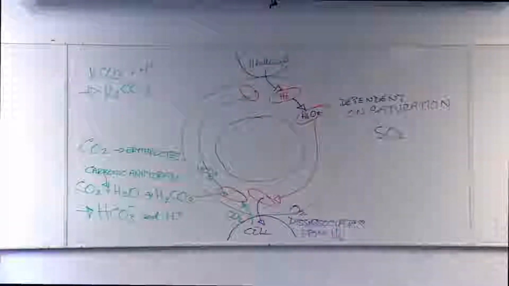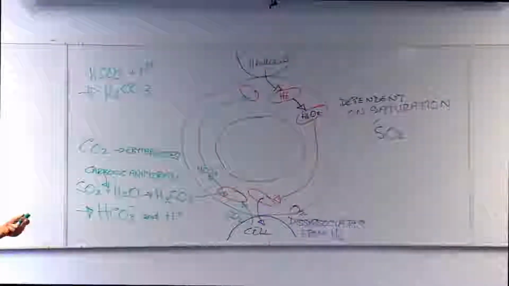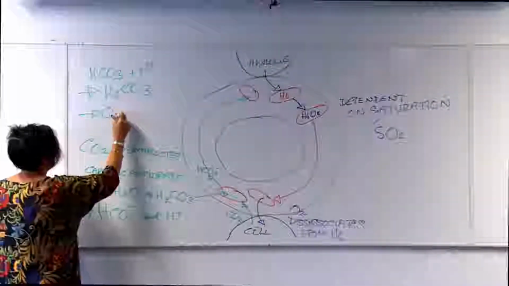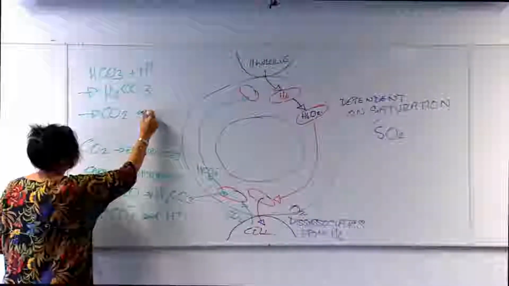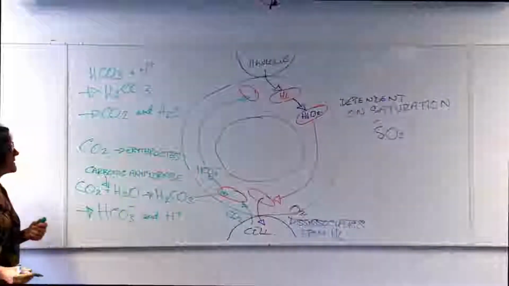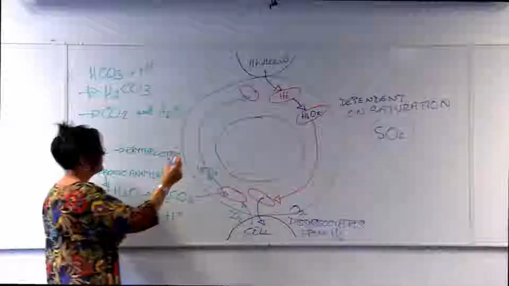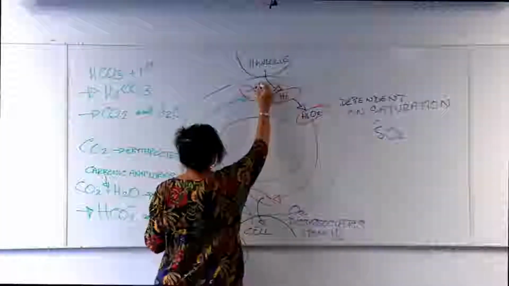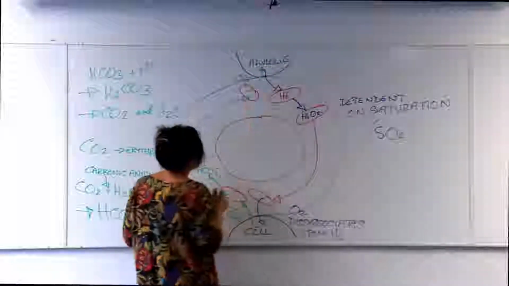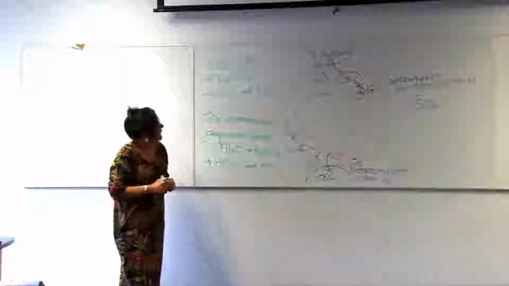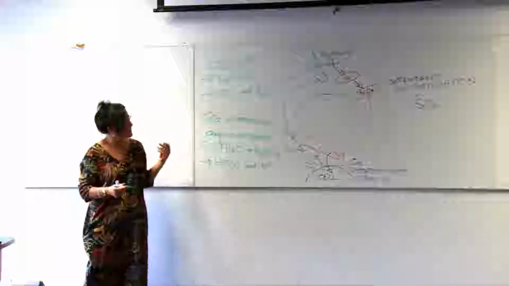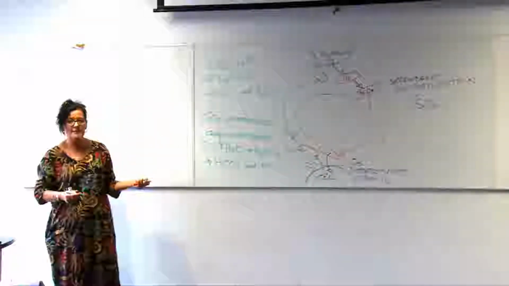Carbonic acid, again, doesn't like being carbonic acid, so it quickly dissociates, and we get CO2 and water. CO2 diffuses out of the erythrocyte and into the alveolus. And that's how transport links up with external respiration and internal respiration.